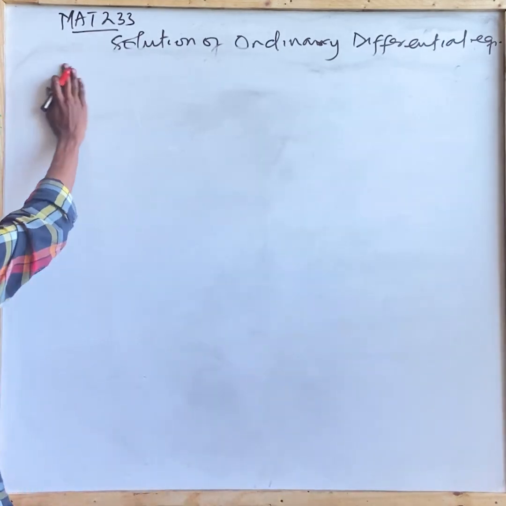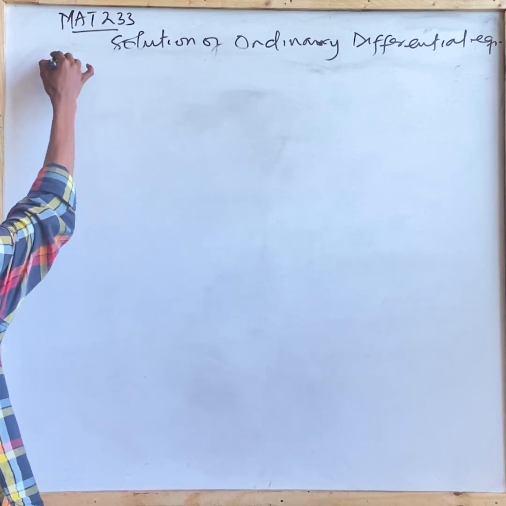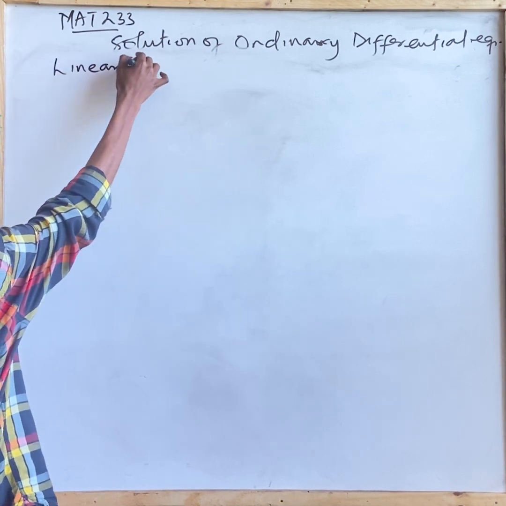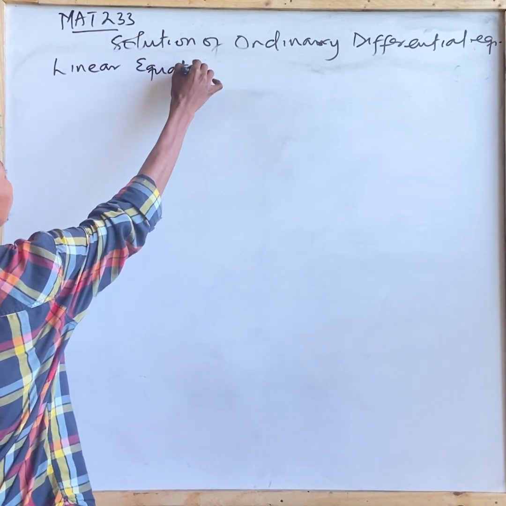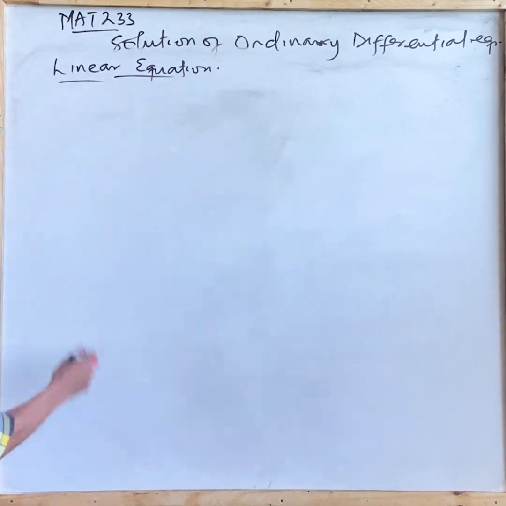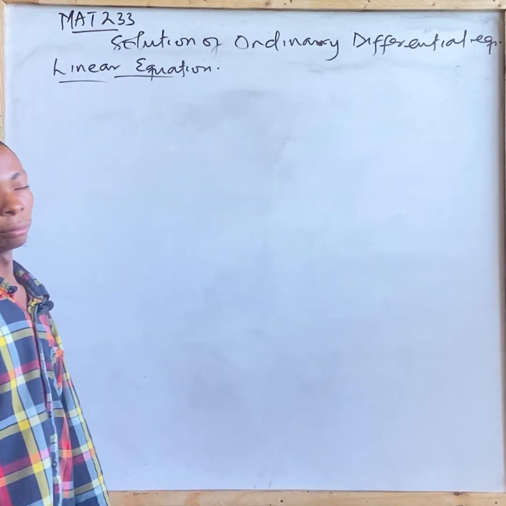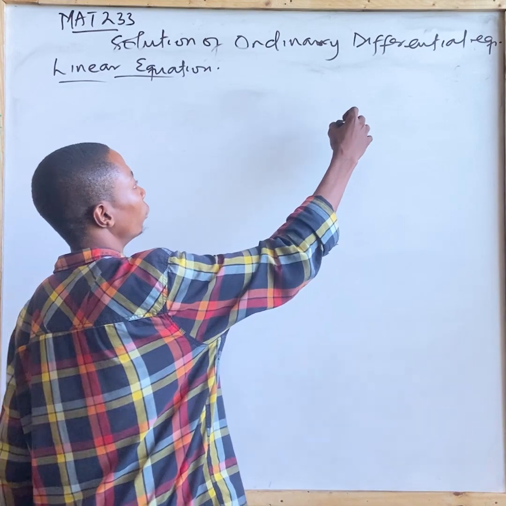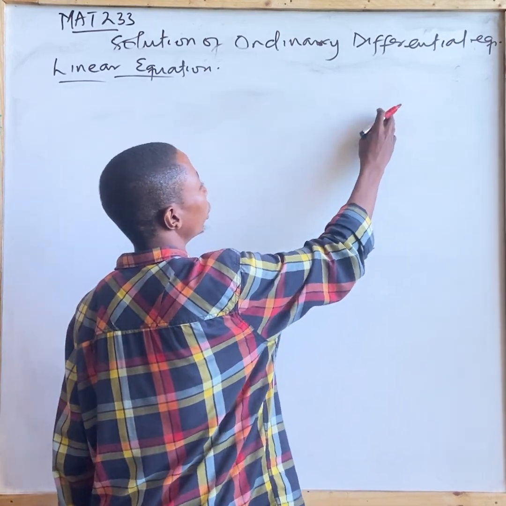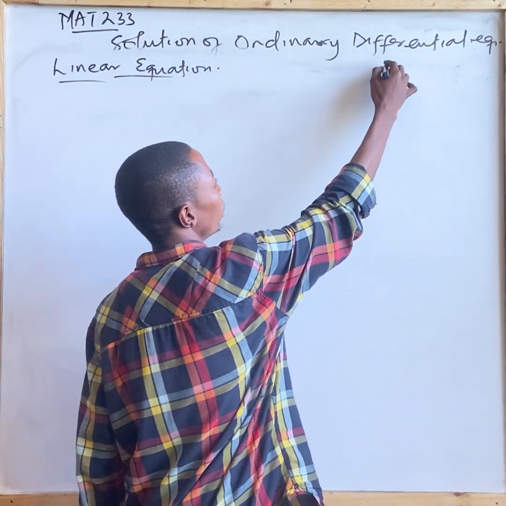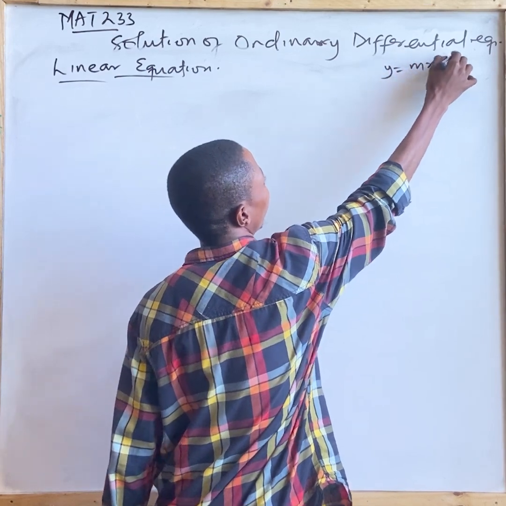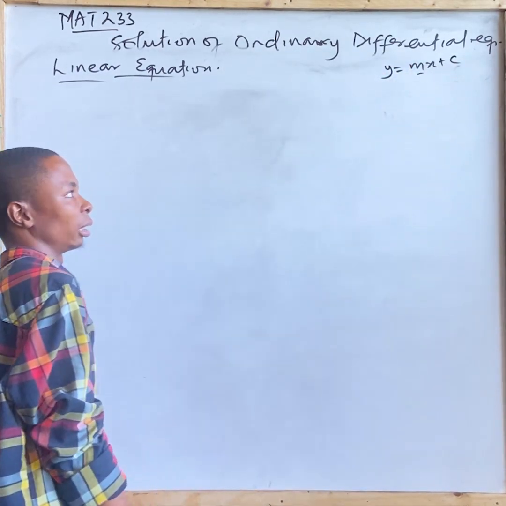So the next aspect is linear equation. If you remember from elementary math, the equation of a straight line is always in the form y equals mx plus c, where m is the gradient.